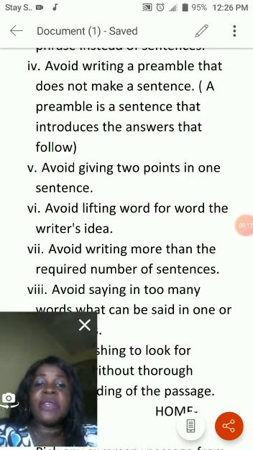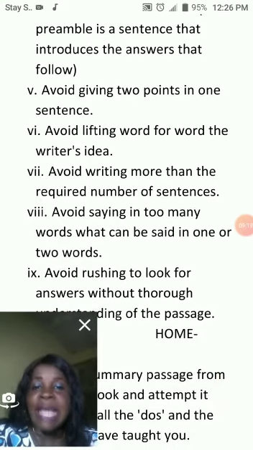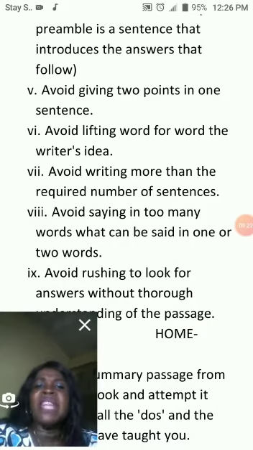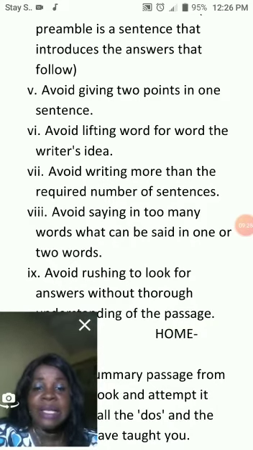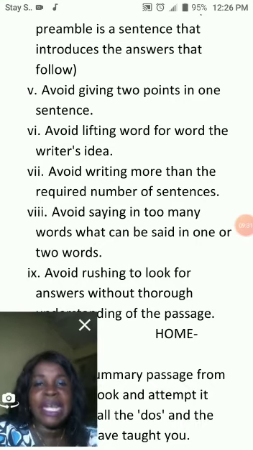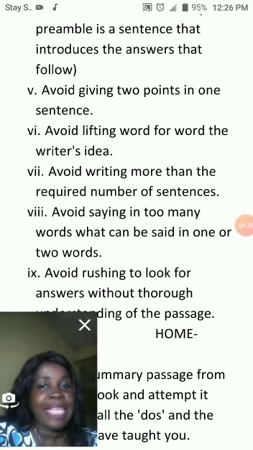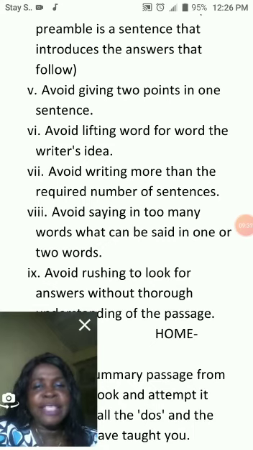Then avoid lifting word for word the writer's idea. When we talk about lifting word for word the writer's idea, we are talking about when, after you have read a passage, you went straight to the passage and copied exactly what was written. When you copy it that way, you don't expect them to mark you right. Writing a summary is just like somebody that has watched a movie and somebody else asked you to explain what happened in the movie.